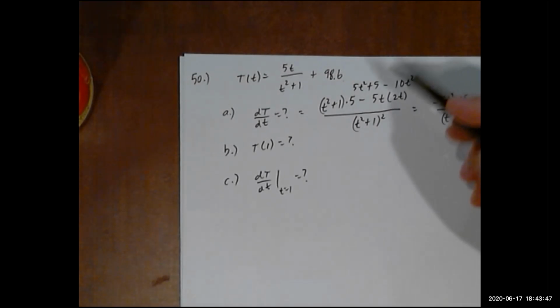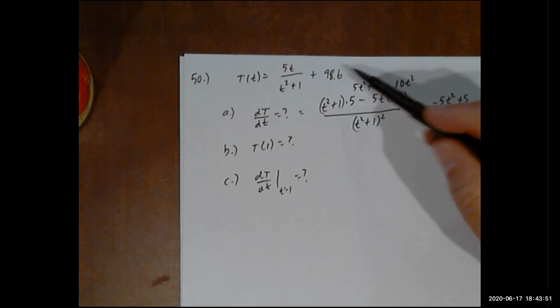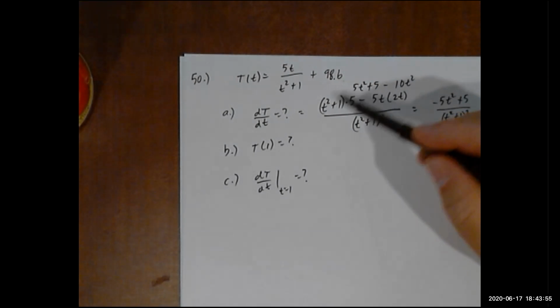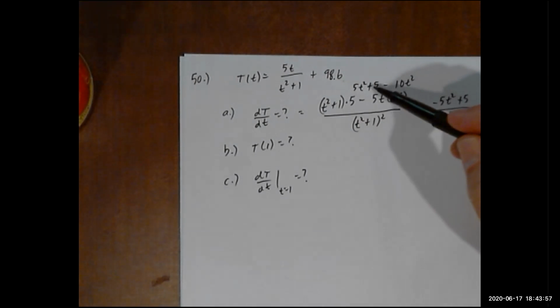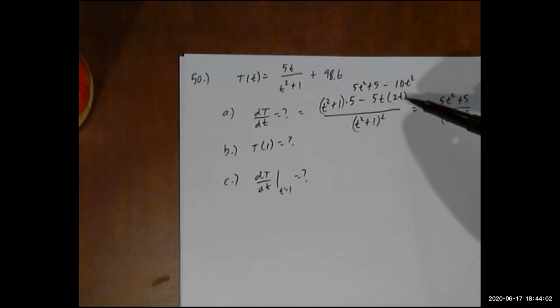Make sure I didn't make any math errors. So low d high minus high d low, and this is 5t squared plus 5 minus 10t squared. So that leaves negative 5t squared plus 5 over that.